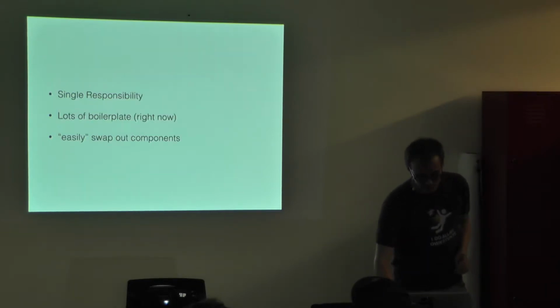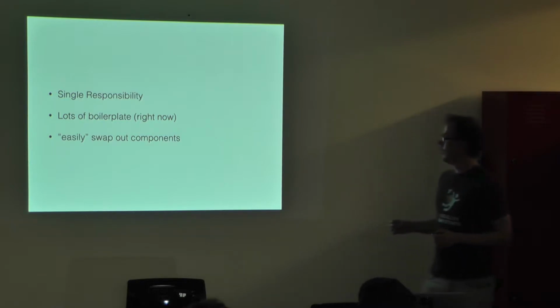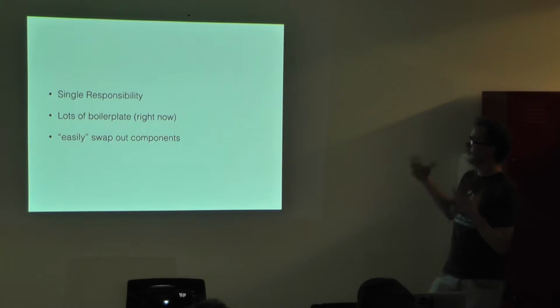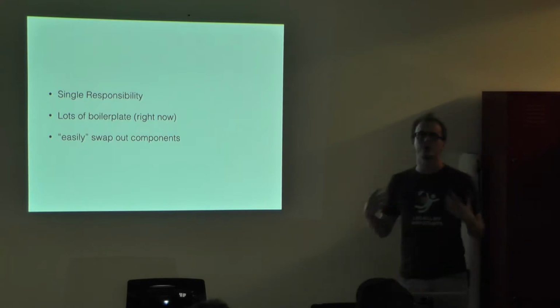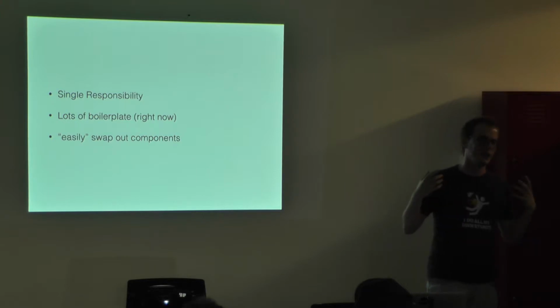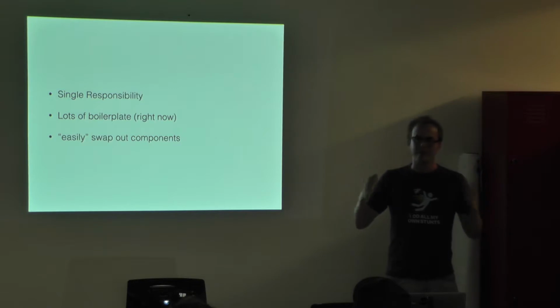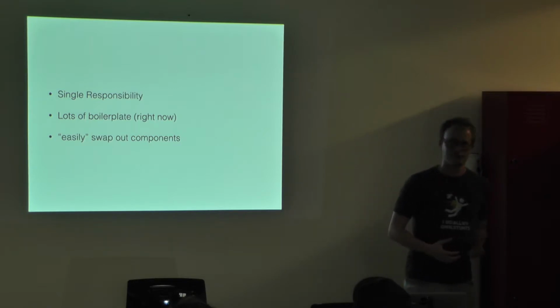So, things that I think about it is that it really pushes for single responsibility. I like that. It keeps code clean, simple, and much less chance of building God objects.